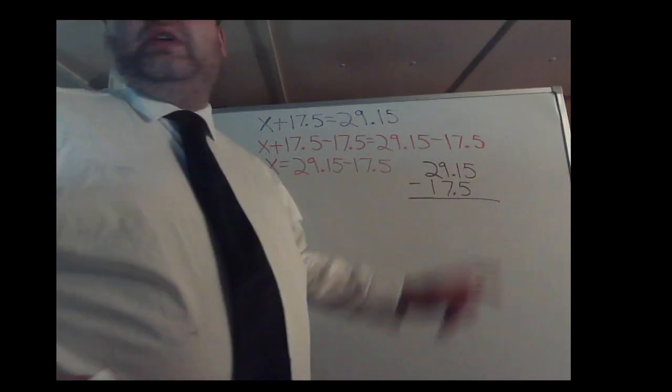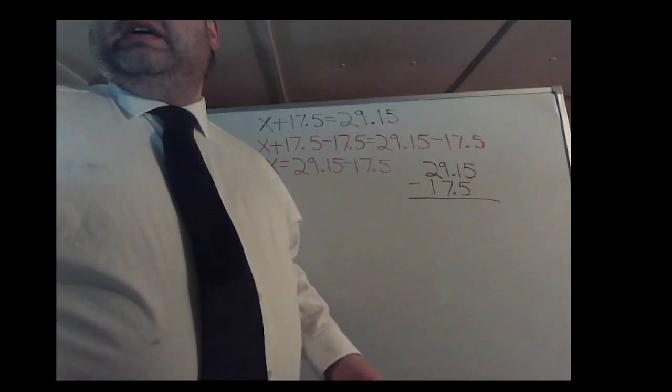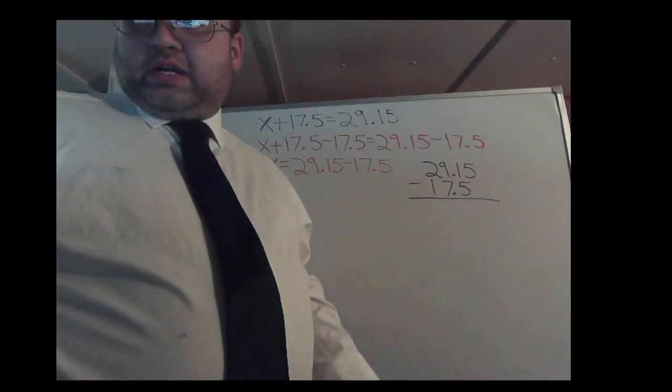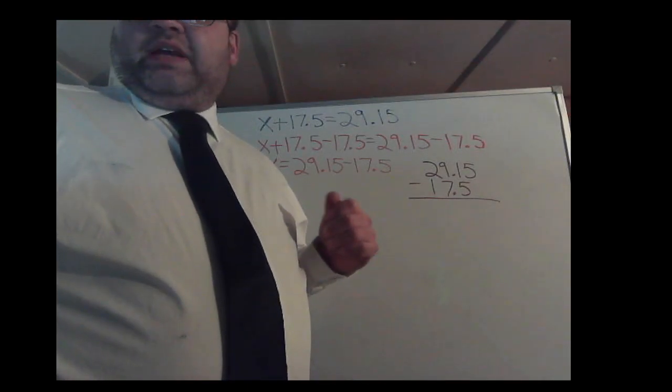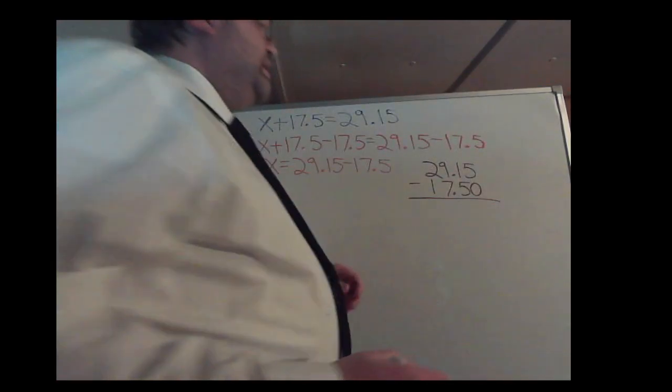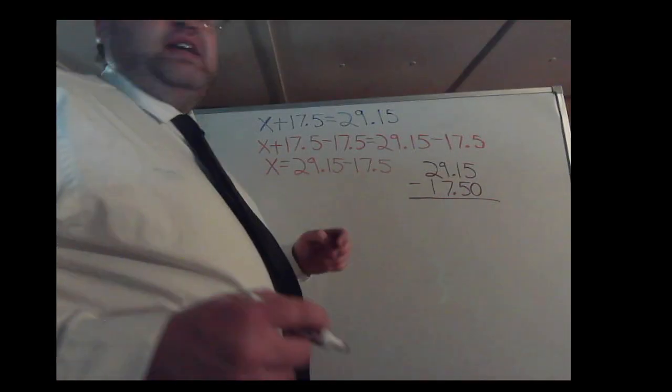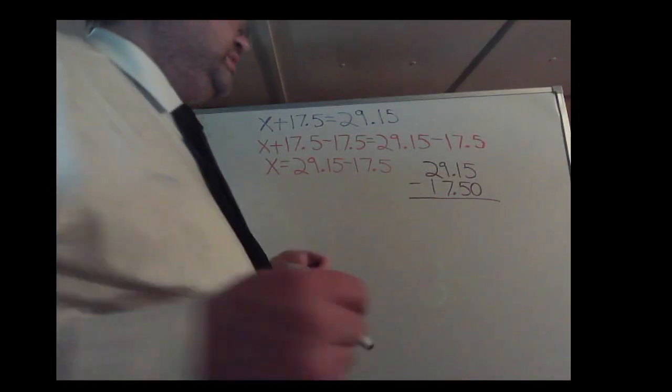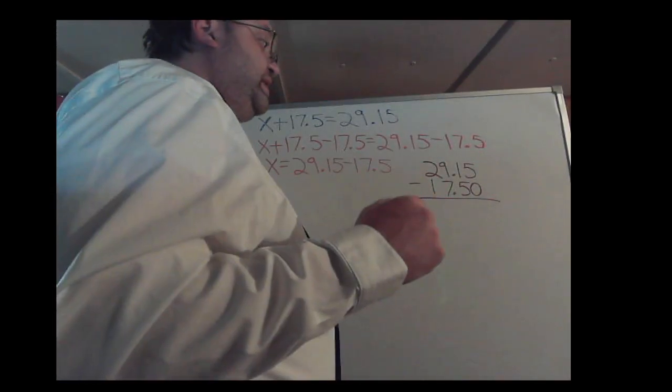The second term only has 1 decimal place. So in order to make sure both have 2 decimal places, we need to make the second term have 2. We just tack on a 0 at the end. And that's how you make sure the second term also has 2 decimal places. We may now do the subtraction.